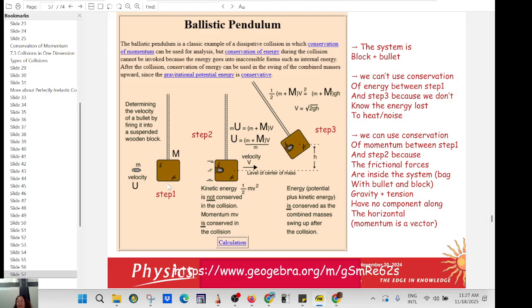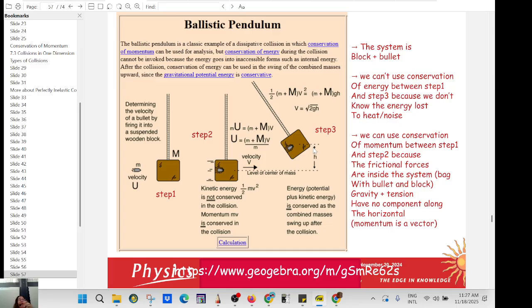Yes, it's heat and stick. So between step 1 and step 2, we're going to use conservation of momentum. Step 2 and step 3, what's happening here? What type of energy does it have? Yes, kinetic energy, and then all that kinetic energy is going to turn into potential energy.